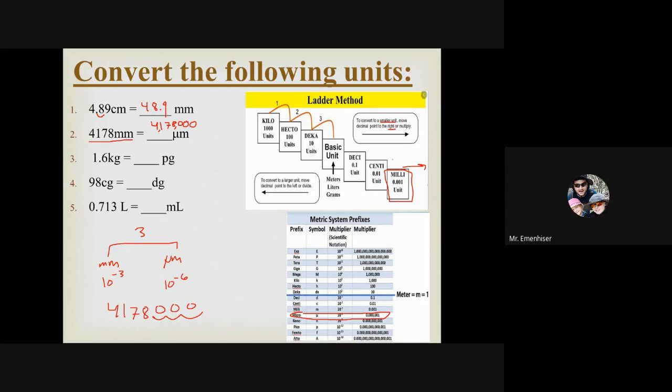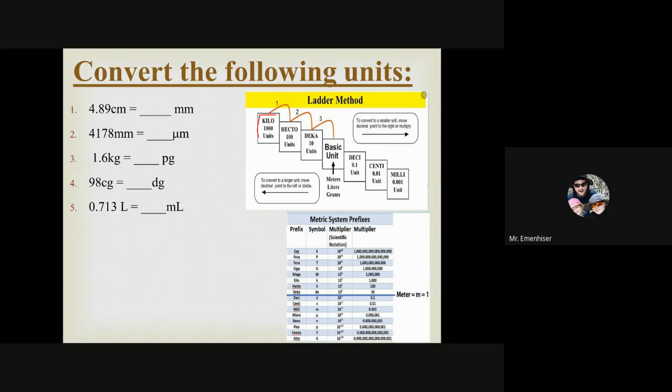So this has got milli, which is 10 to the minus 3. And then if you keep going, the next unit is micro, which is 10 to the minus 6. Okay, so the difference between those two is 3 jumps. Right? What is 6 minus 3? It's 3. So there's 3 jumps between them. So we move our decimal place from here at the end of the number 3 places to the right. Okay, next one.